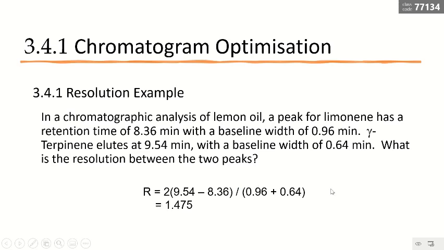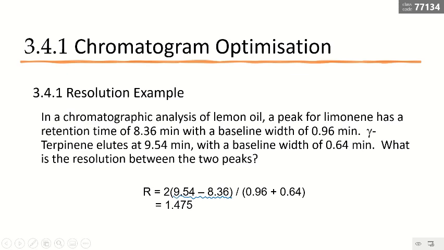We are going to use 2 times this retention time difference in minutes, then divide by the width. Either we use the half width, or we use two times the retention time difference. They are all the same. So for this particular case, the resolution R is roughly 1.47.